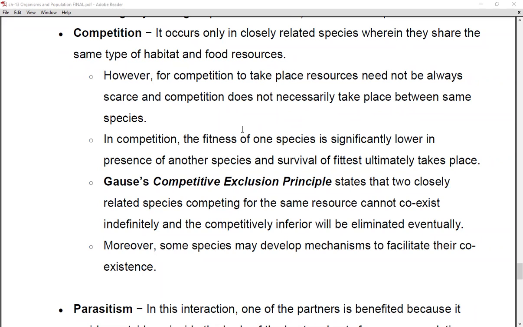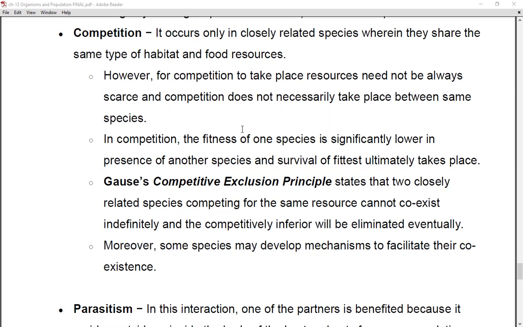So for this reason the competition takes place, and gradually and slowly the one who is not fit is eliminated, right? So this is about the Gause competitive exclusion principle: when two closely related species live together and compete for the same resources, they cannot live together in a single habitat.